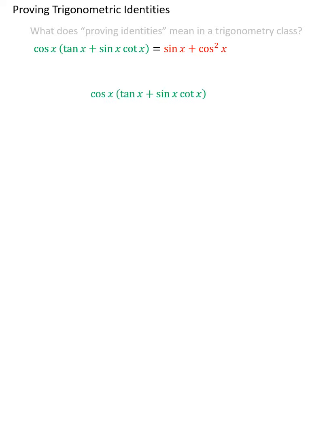I can start with the left side of the equation, and do some manipulation of this expression using algebra and using other identities that I know to be true. Using a combination of algebra and other identities, through 5, 6, 7, 8, 9, 10 steps, however many it is, I have to eventually work that out and show that it equals the right side of the equation.